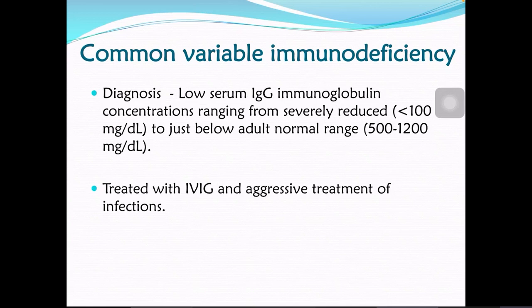So they tend to be on the lower side. In the previous entity that we discussed, immunoglobulins were barely present. Here you have very low levels. So here again, treatment will be with IVIG and aggressive treatment of infections.